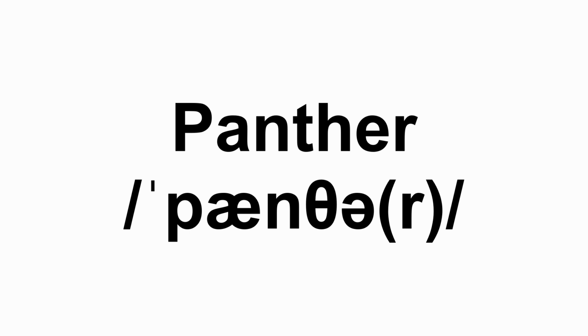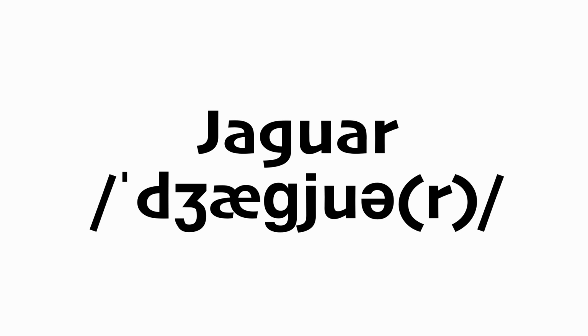One more. Jaguar. Okay, this one looks quite difficult, doesn't it? It's another cat, but you see the first letter, j. The next symbol looks like an A and an E squished together, ja.